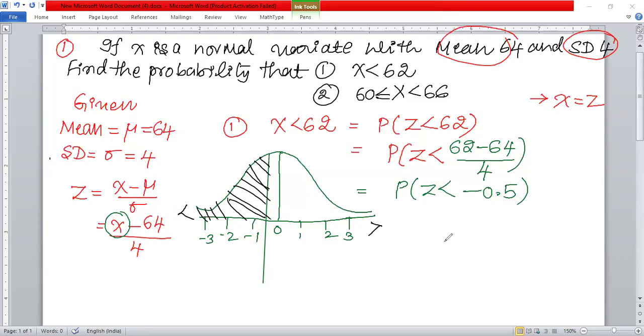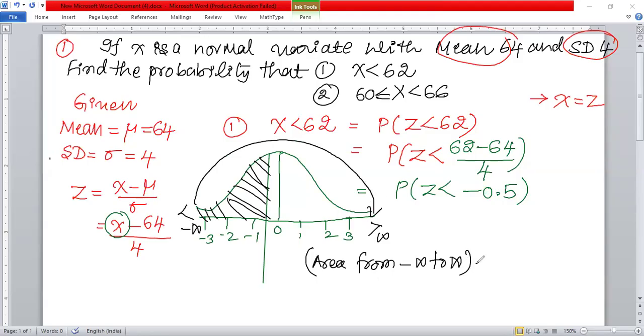Now we are able to write. Note that when less than comes, the overall probability is the area from minus infinity to infinity first, then minus the area from minus 0.5 to infinity.